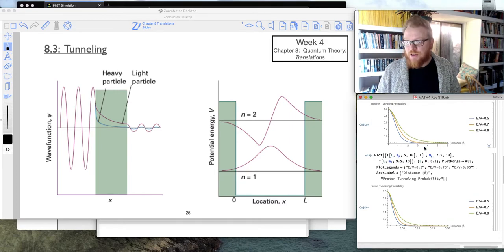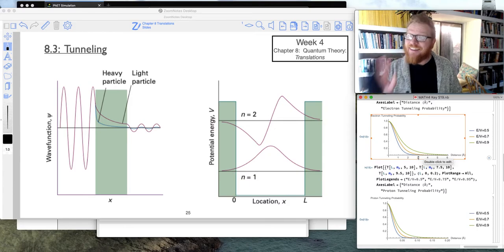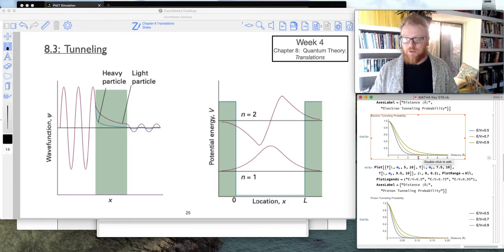tunnel, right? So if I look at, let's say, 3 angstrom, and again, these are realistic calculations, real numbers that I put in here, okay? 10 electron volt barrier, and let's say 3 angstrom, you can see only the particle with 9 electron volts has any decent chance of tunneling through, right?